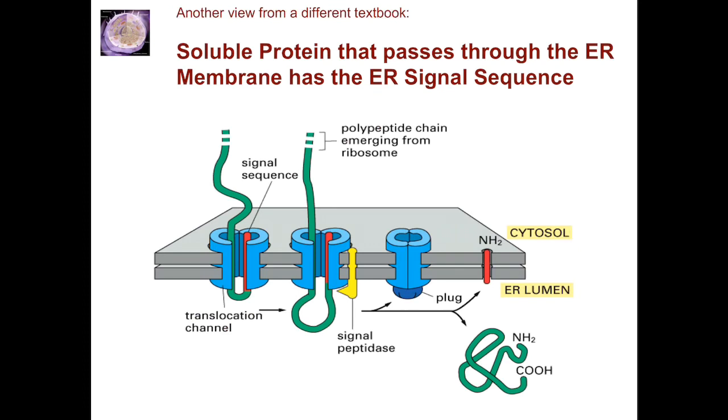And then remember, that protein will then be glycosylated, put into a membrane vesicle, sent to the Golgi to be glycosylated, and then delivered to wherever it's supposed to go.